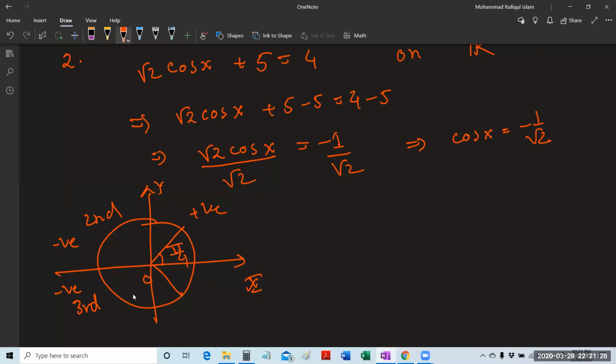The symmetric angle in the second quadrant is somewhere here. And how do we find that? Well, this is 1 pi over 4. This is 2 pi over 4, meaning pi by 2. This is 3 pi over 4. For simple pi over 4, the coordinate here is 1 over root 2, comma 1 over root 2.